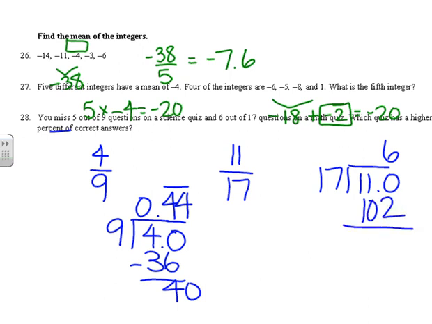And then we're going to subtract. Bring down the 0. 17 will go into 84 times. And really, those are all of the digits that we need. This is going to be about a 64% on the math quiz. So that means that you got a higher percentage correct on your math quiz.